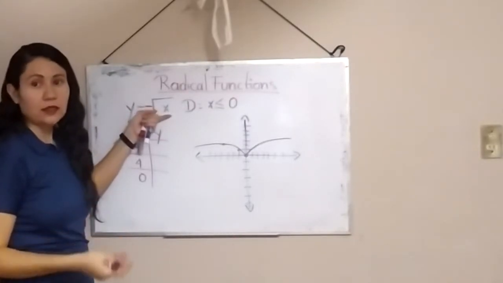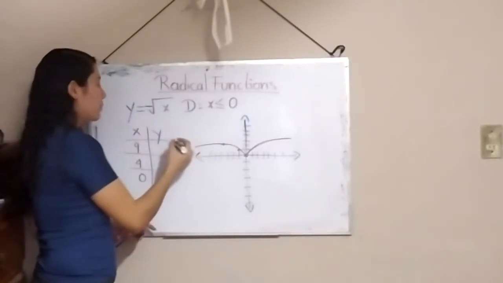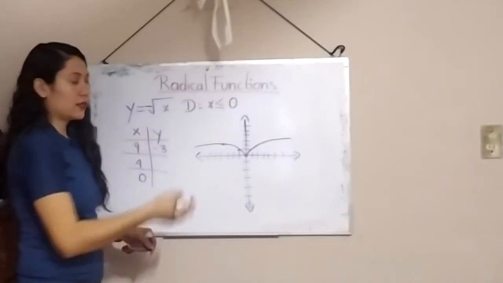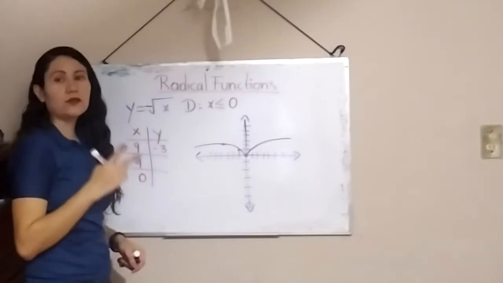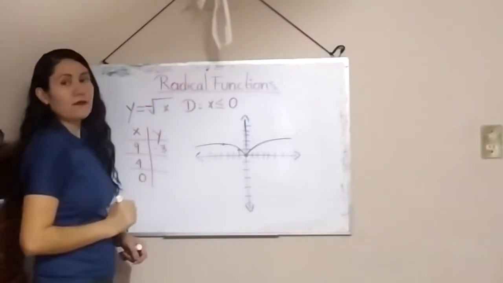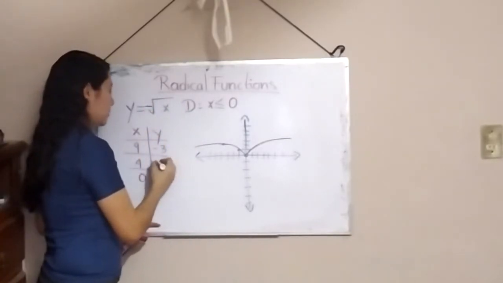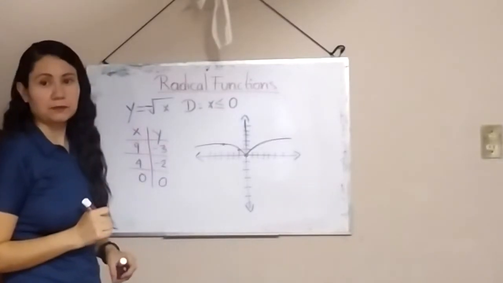It is 3. But we have to make it negative. So the value of y would be negative 3. Same thing with 4. What is the square root of 4? It's 2. But after we get the square root, we're going to make it negative. So we have negative 2 and 0 remains the same.